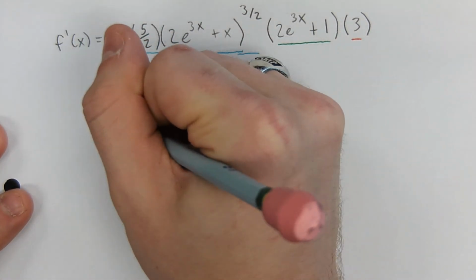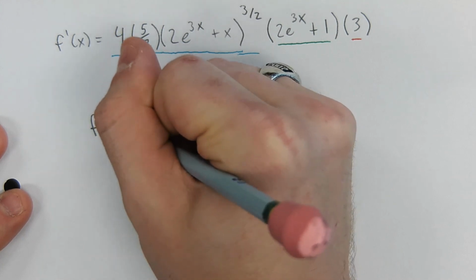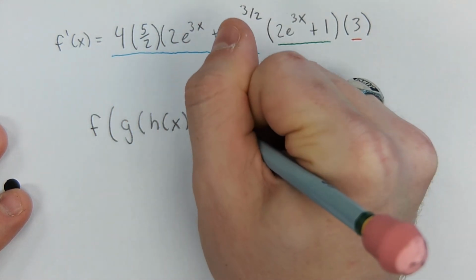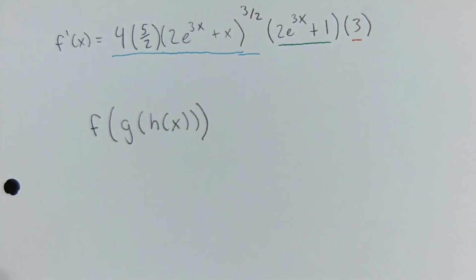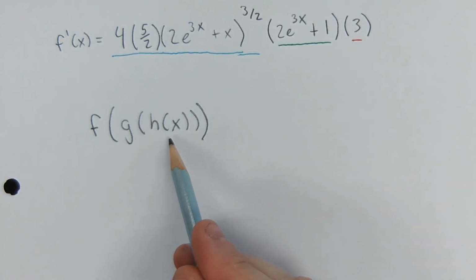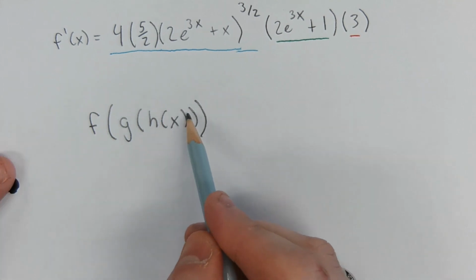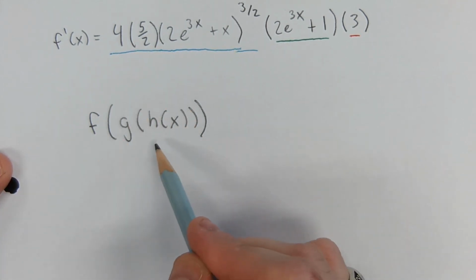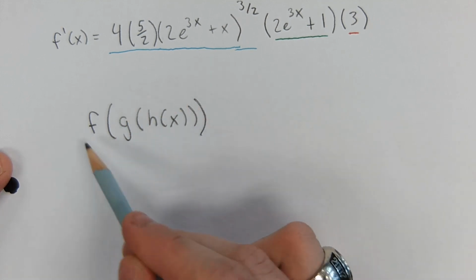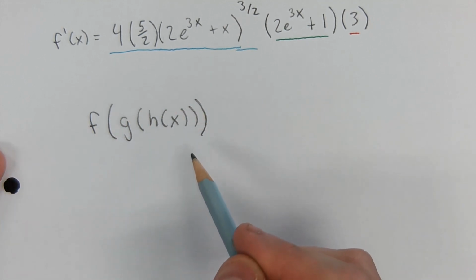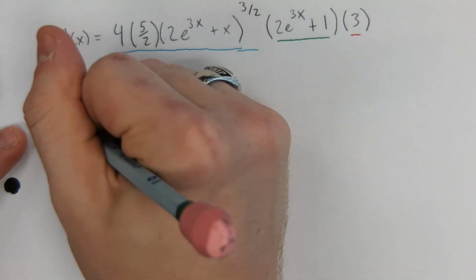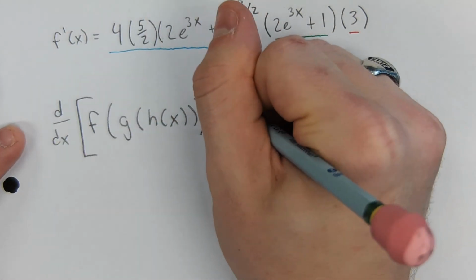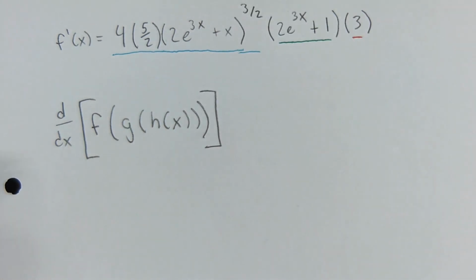How about this? Let's say you have f of g of h of x, which is essentially what we have, right? This is 3x. This is 2e to the 3x plus x. This is 4 square root of all of that. If you wanted to find the derivative of that, d/dx of this, you would do it from the outside in.